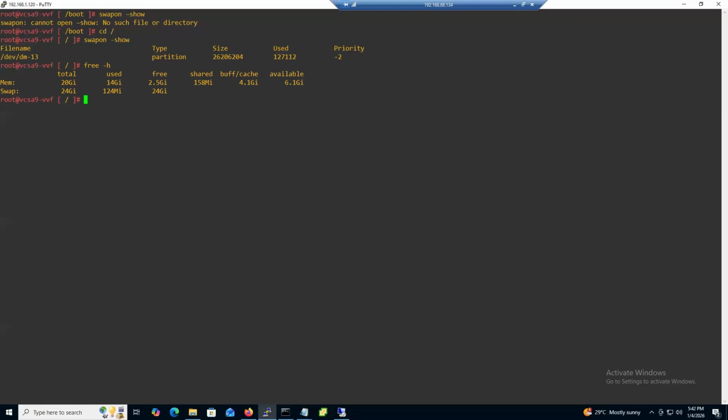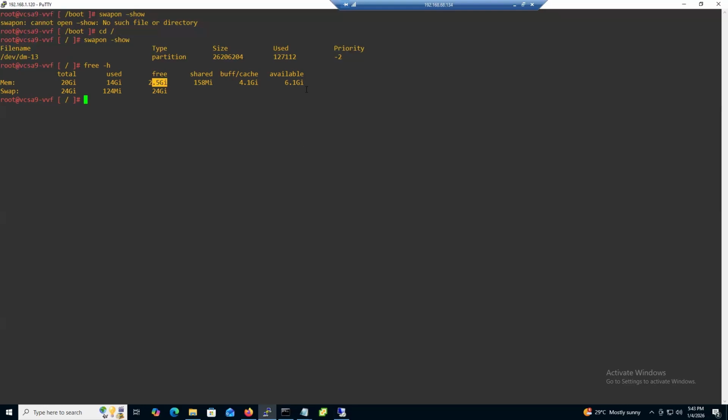Now first look at the memory. Here total memory is 20 gigabytes. Free looks like 2.6 GB, buffers/cache is almost 4.4 GB, and available is almost 6.1 GB.